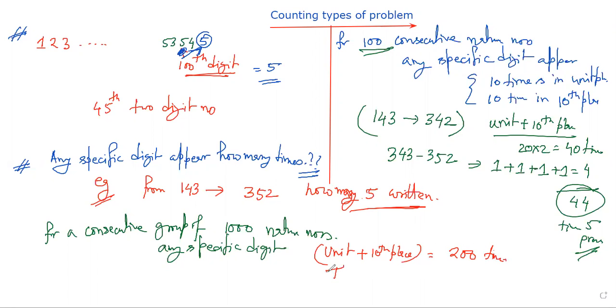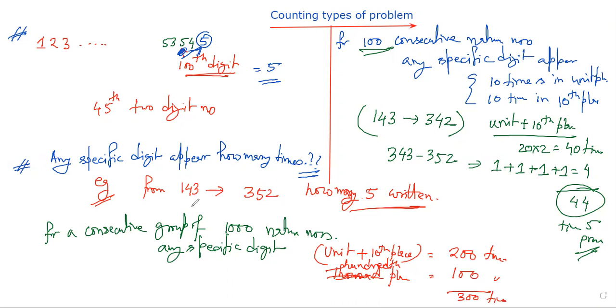And then in the 100 place, because I have taken 1000 natural numbers, every digit will appear 100 times. So taking unit place, 10th place and 100 place, these three, it should be 300 times.